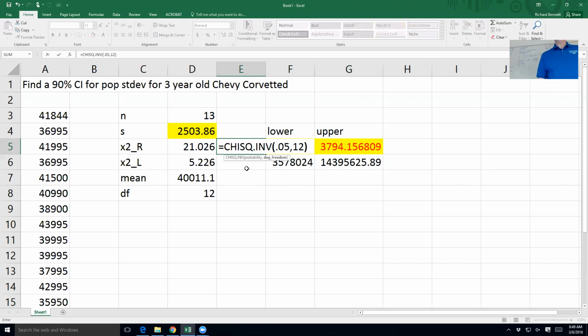I should get an answer very close to 21.026. Oh, I did the left side, sorry. If I'm doing the chi-square inverse on the right tail, how much do I want in the right tail? 5%. With 12 degrees of freedom, hopefully I get 21.026. I did. So Excel is actually a little bit easier to use than the chart.